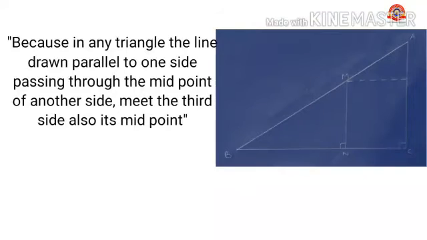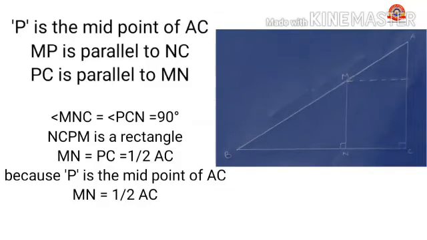Do you know why N is the midpoint of side BC? Because in any triangle, the line drawn parallel to one side passing through the midpoint of another side meets the third side also at its midpoint. Therefore, P is the midpoint of AC. MP is parallel to NC and PC is parallel to MN.